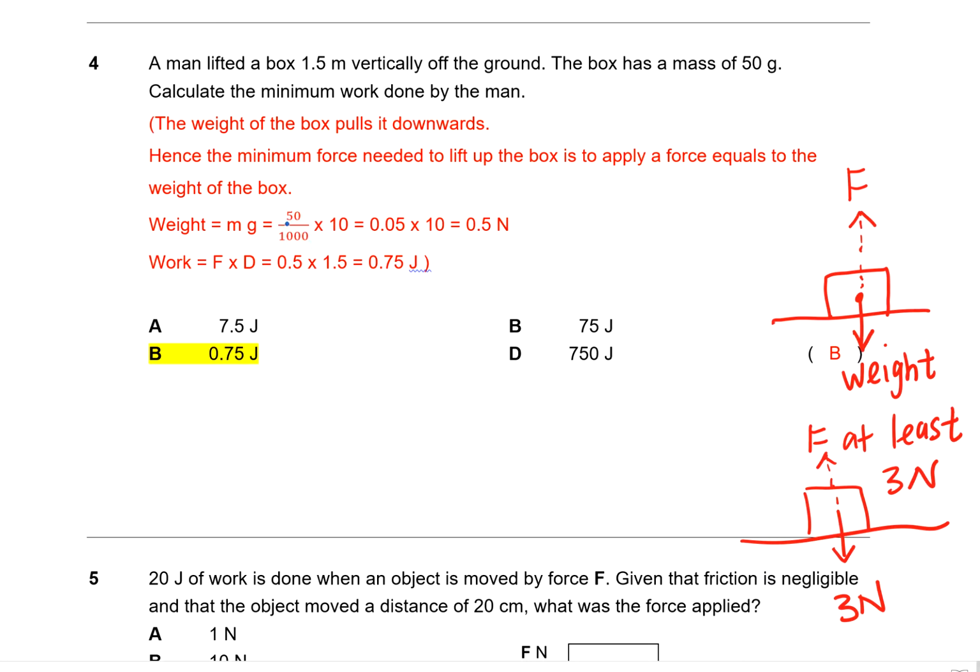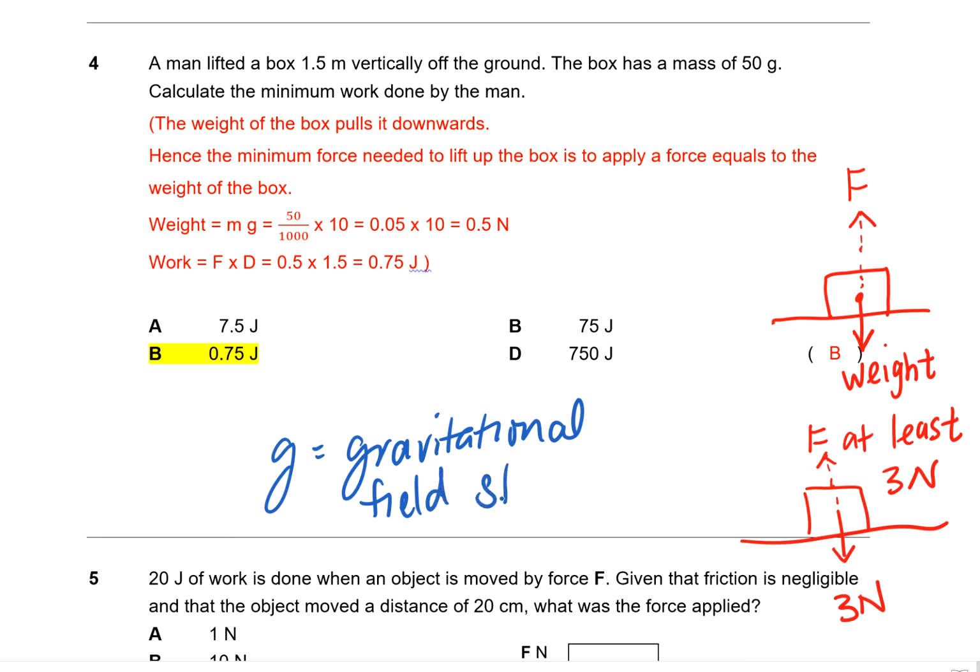Then I multiply by g. So again, a little bit of a recall. This g here is gravitational field strength. If the question did not give you the value, you could assume that this value is 10 newtons per kilogram on Earth. Well, in these questions, you have to assume that it's on Earth, right?